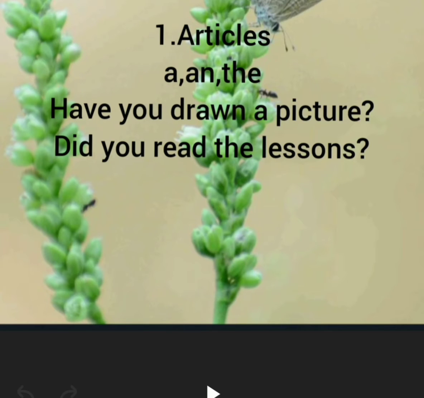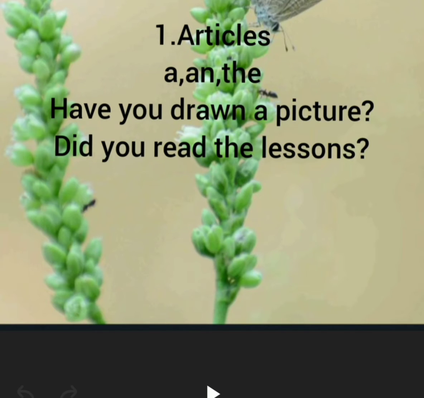Articles a and the, I have given a detailed explanation and analysis of articles a and the there, so you have to watch. So these articles, a and the, we can use as determiners. You already know, before a consonant sound we can use a, and before vowel sounds we can use an.